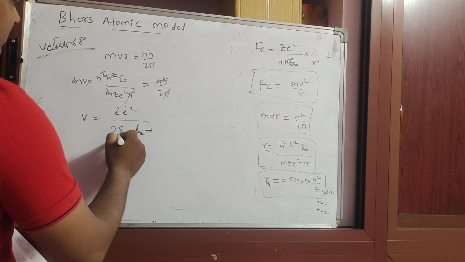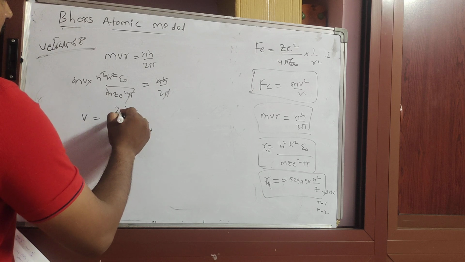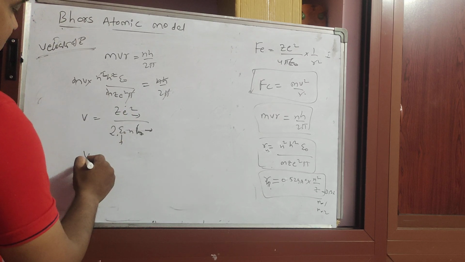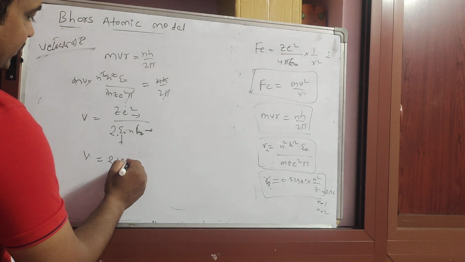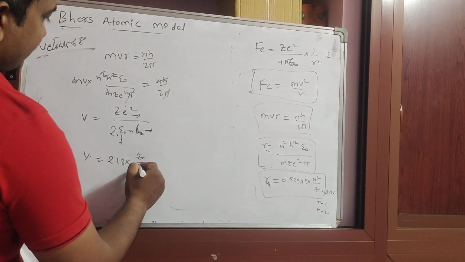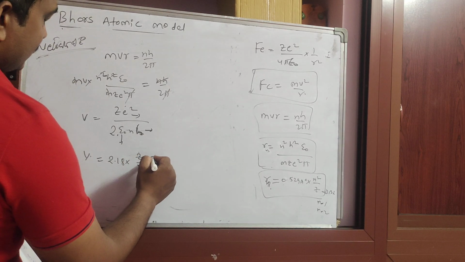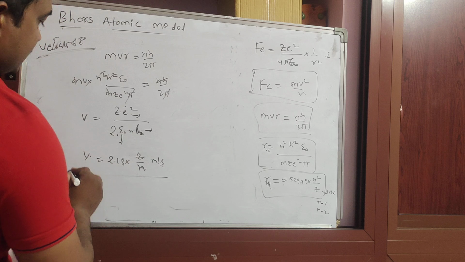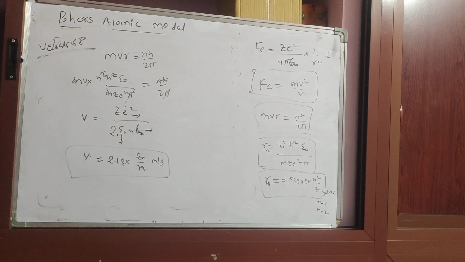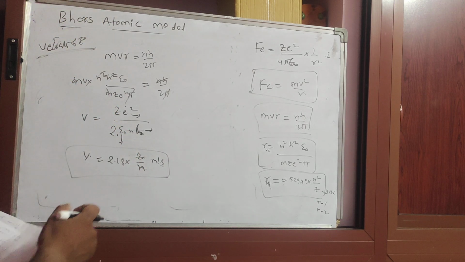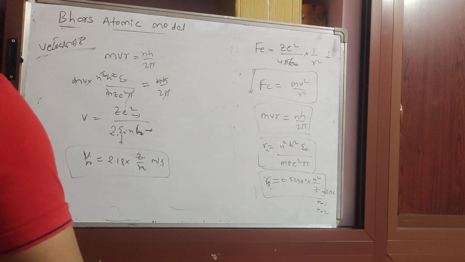h is constant, epsilon is constant, e is constant. Then velocity is equal to 2.18 into Z by n meter per second. This is the velocity of the electron in the nth shell.